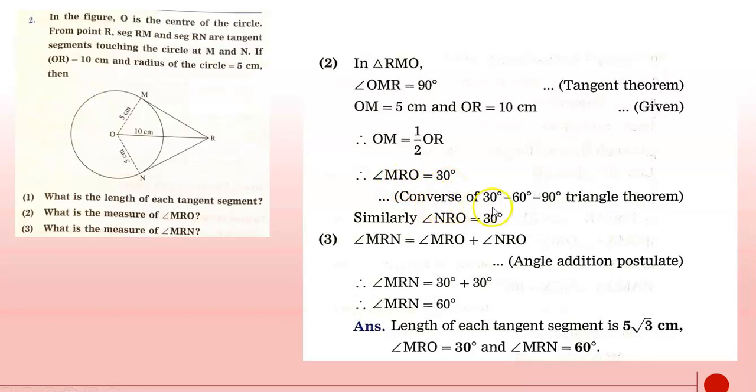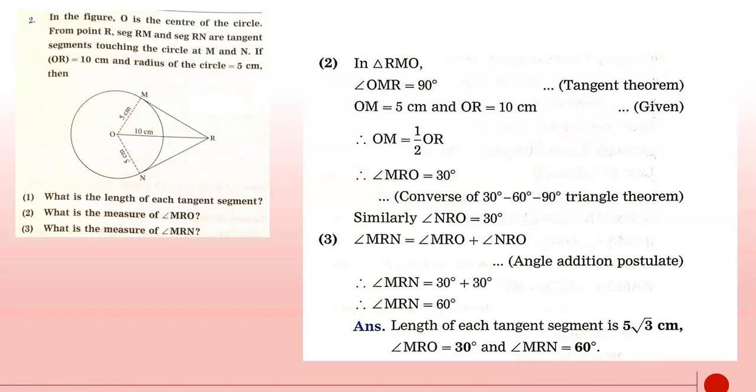The reason is converse of 30-60-90 triangle theorem. Similarly, I can see that this angle NRO is also 30 degrees. So, what is the measure of angle MRO? 30 degrees.